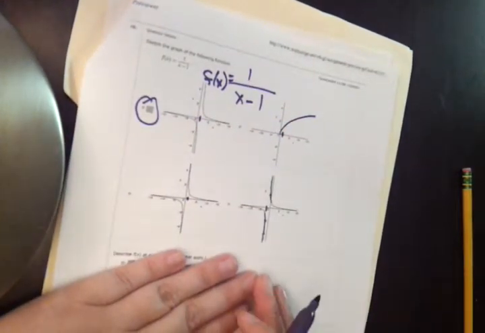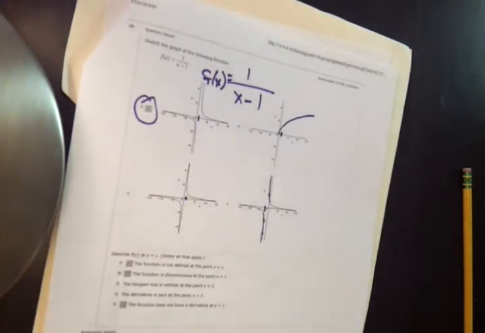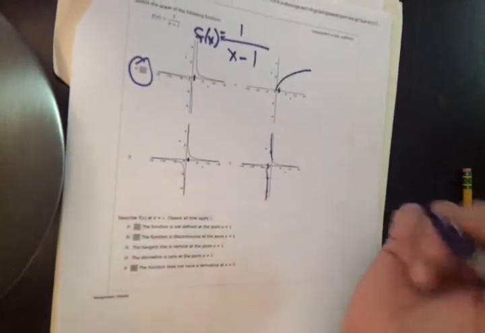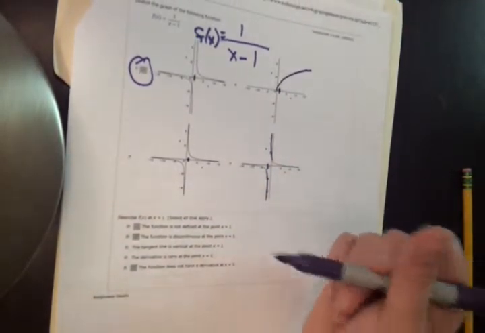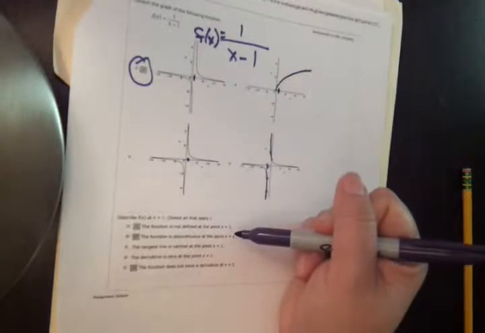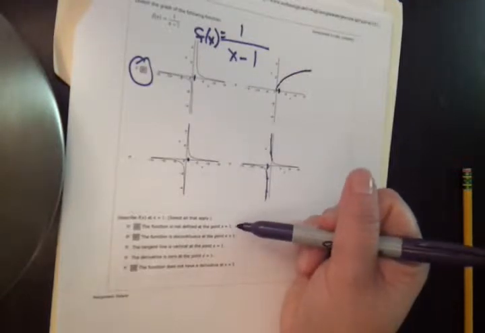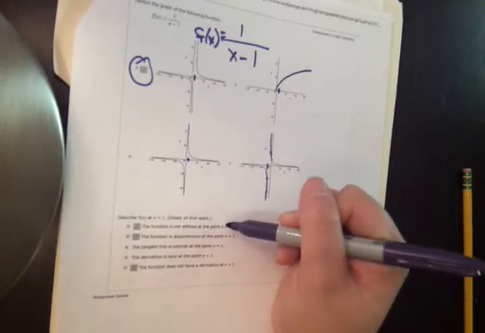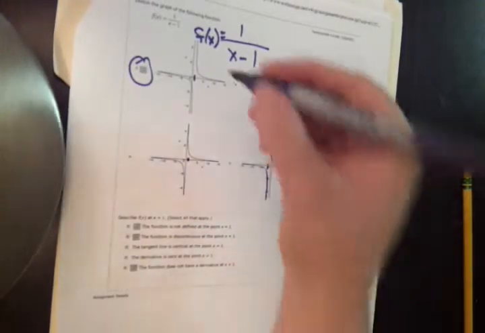Now we need to figure out what's true about that graph at that point. This might be a little bit hard to see, but I'm going to talk you through it as best I can. The first choice that they gave me, which will probably be different from the first choice they gave you, is the function is not defined at the point x equals 1. Well, that's true.